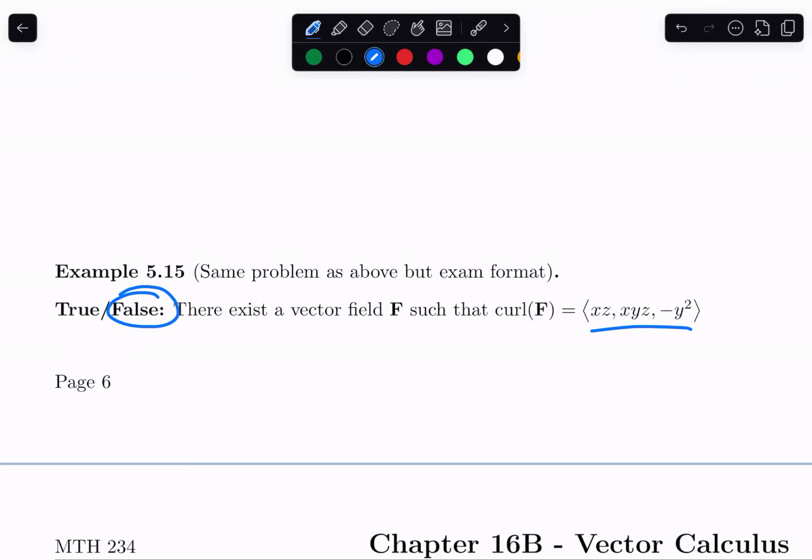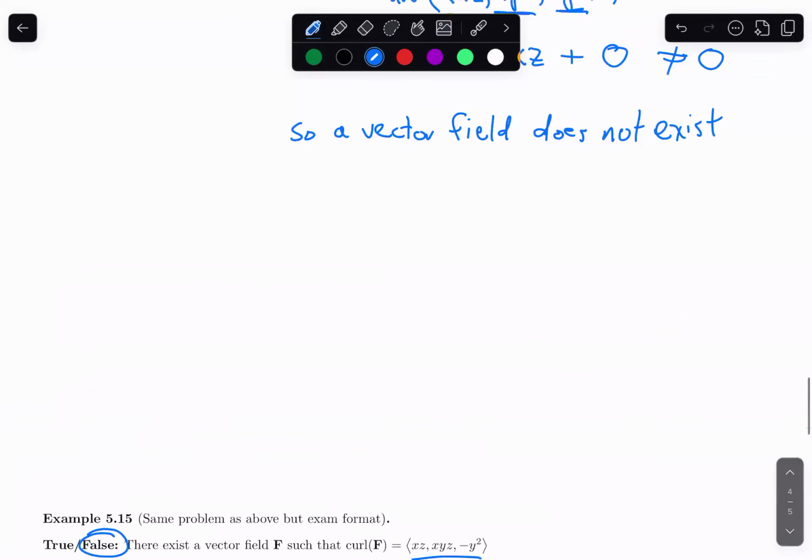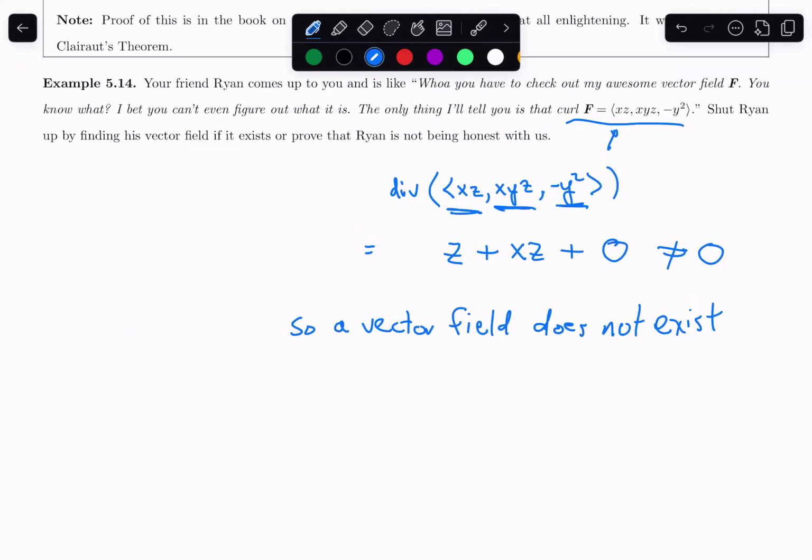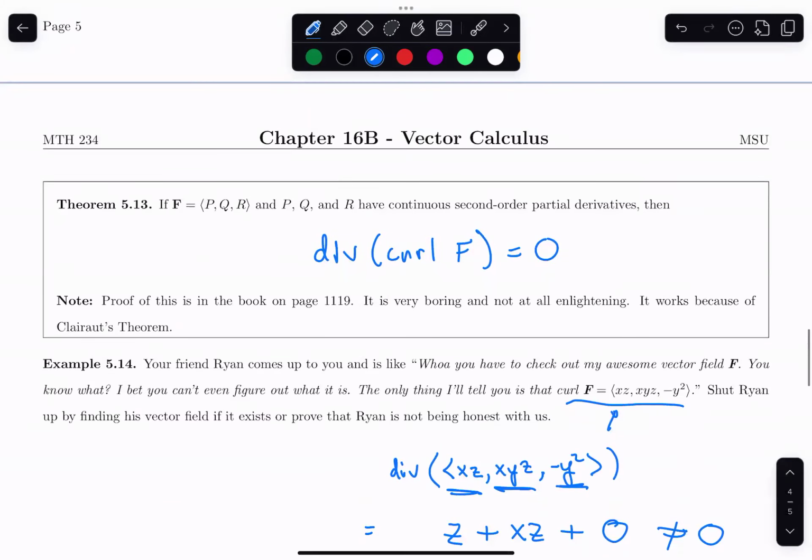One more time, biconditional. So we're saying if the divergence of the curl is equal to 0, then F is a vector field that has continuous second order partial derivatives.